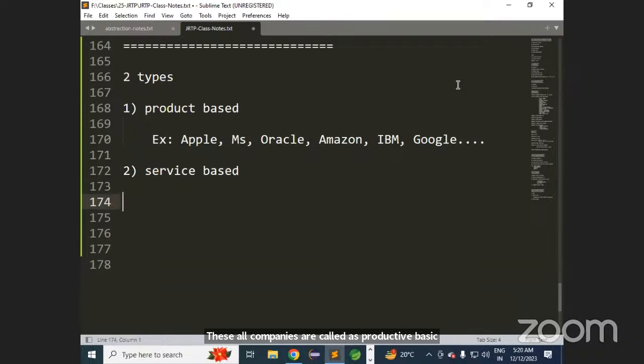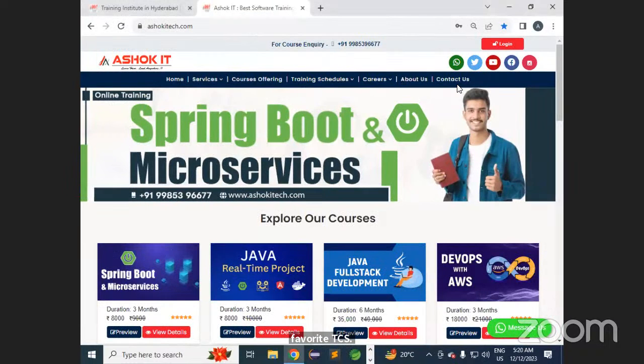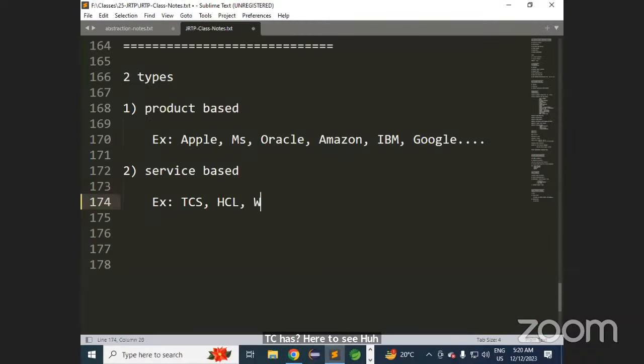Coming to service-based companies, our favorite TCS, HCL, Wipro, Capgemini, Cognizant, Deloitte, Accenture, Tech Mahindra, etc. All these companies come under service-based companies only.